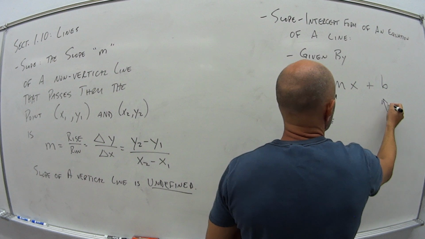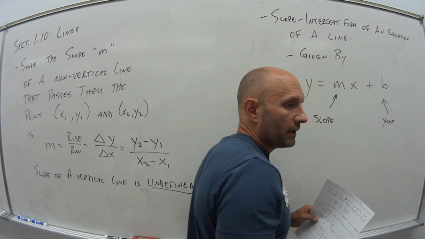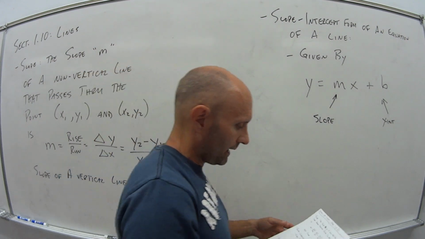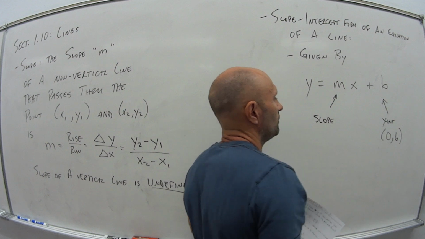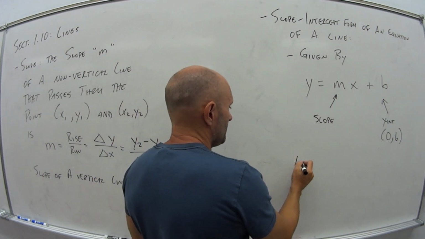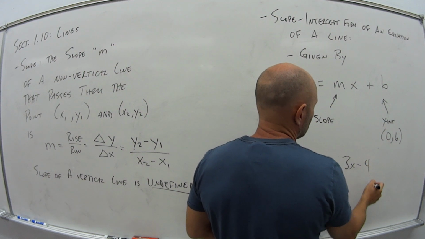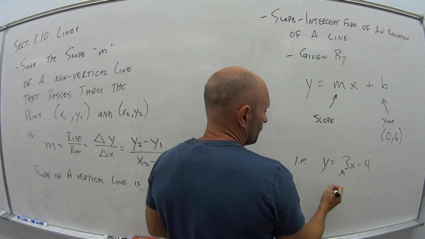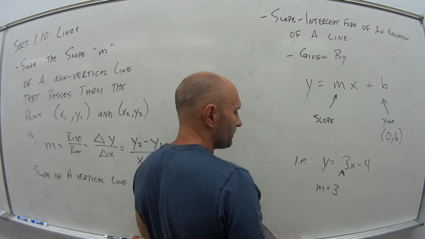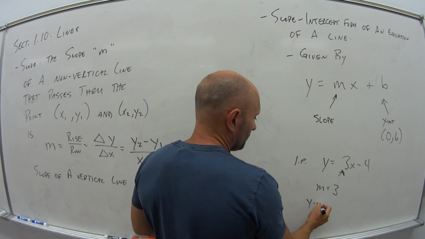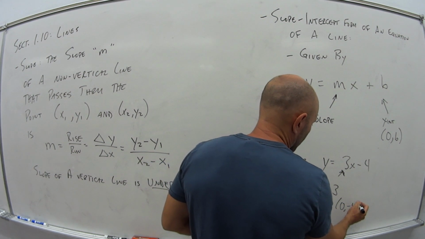This b is our y-intercept. And the y-intercept, remember, has x value 0, so the y value would be that of b. So if I have some equation, y equals 3x minus 4, the slope is equal to 3, and the y-intercept is 0, negative 4.